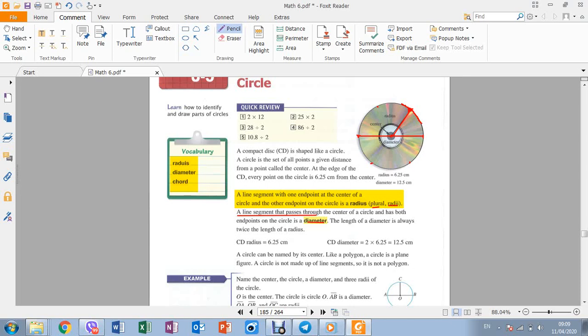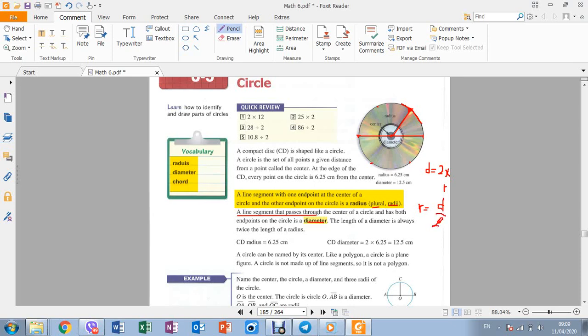This is called diameter, a line segment that passes through the center. Every time, diameter is equal to twice the radius, meaning 2 times r. I put down the letter r, small, r for radius. Or radius equals diameter divided by 2.